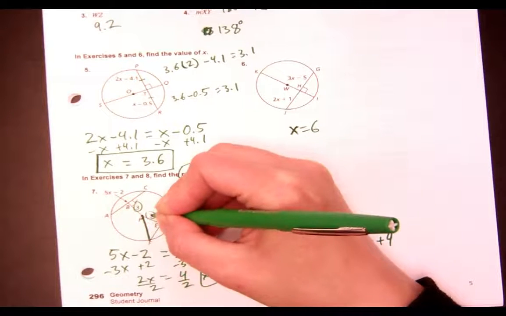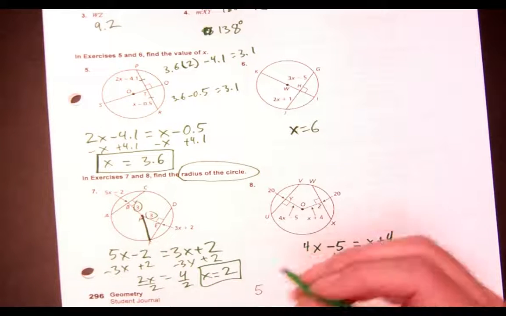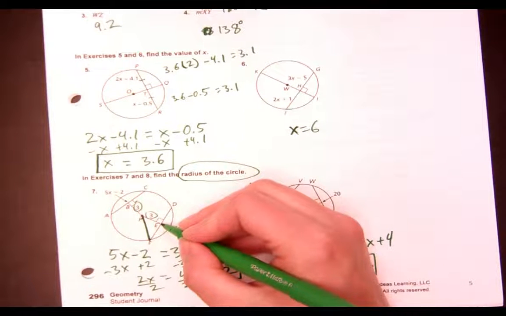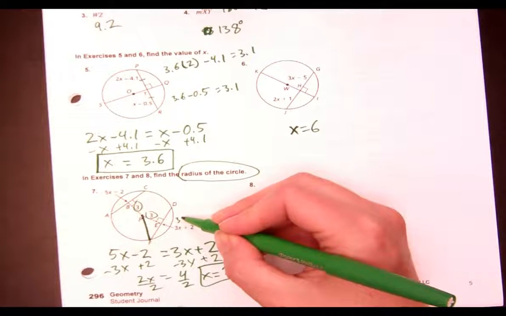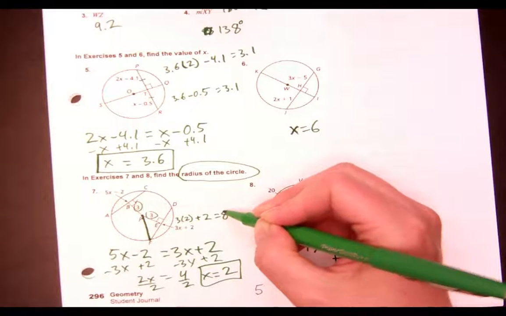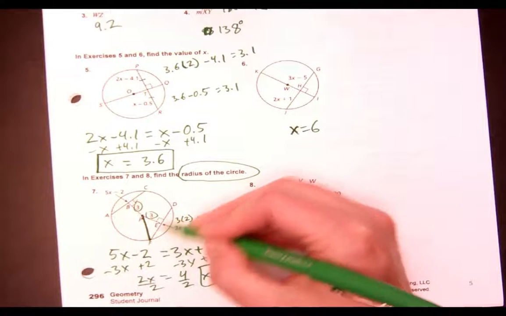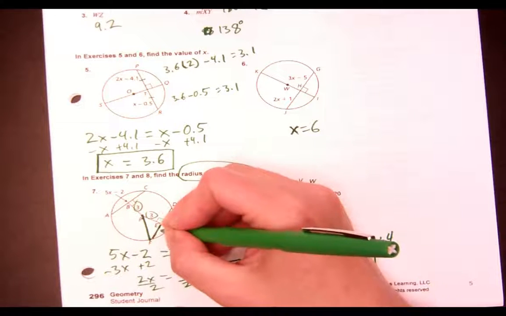What could I use when I know this part and I know this part? Pythagorean theorem. So this one, I first have to plug in the x. So 3 times 2 plus 2 equals what? 8. So if the whole thing is 8, what is this part of it? 4.